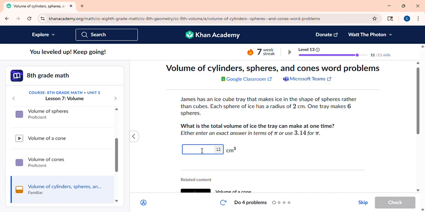And so that's gonna be 4/3 times 2 cubed times pi. 2 to the power of 3 is 8. 8 times 4, so that's 32 over 3 pi. And then I'm going to multiply this times 6 and then divide by 3. We have 64 pi.